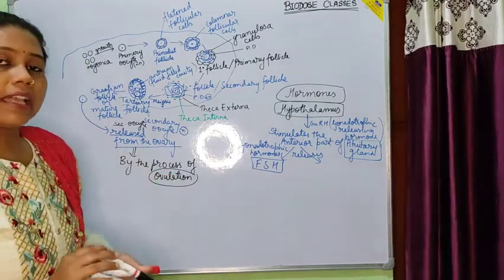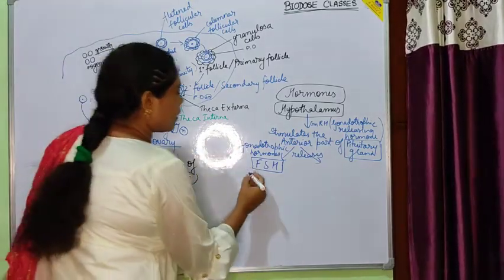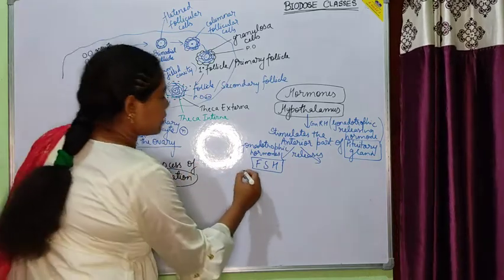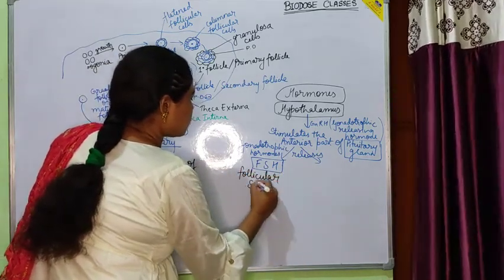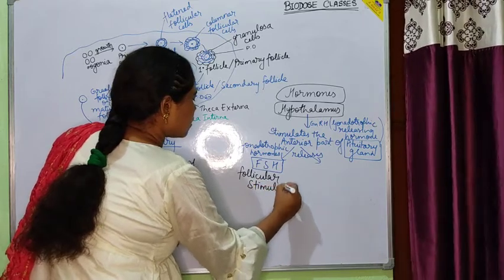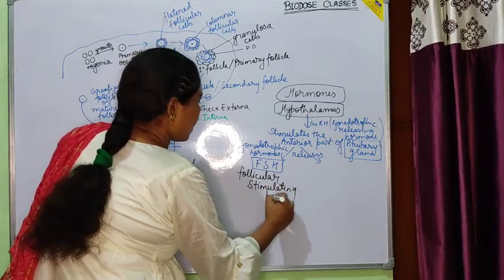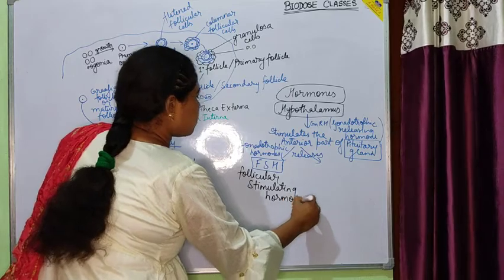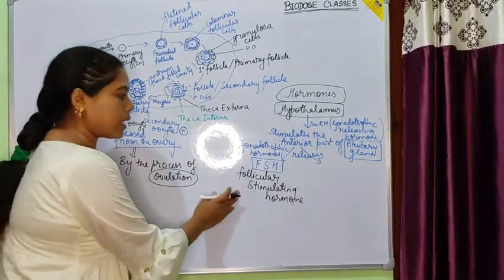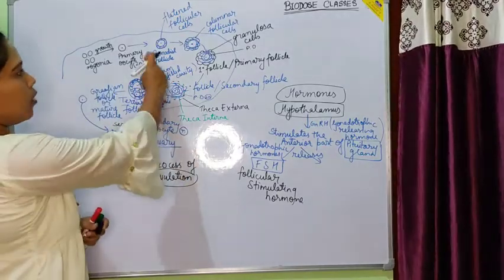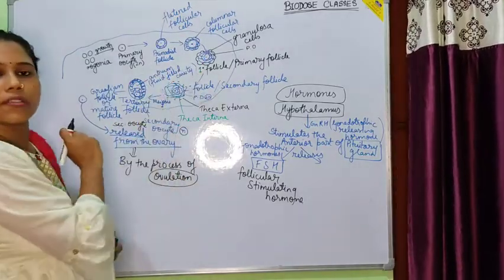So we have seen this prior in the endocrine process, that this is follicular stimulating hormone. And as the name suggests, this follicular stimulating hormone is actually responsible for stimulation of these follicles.